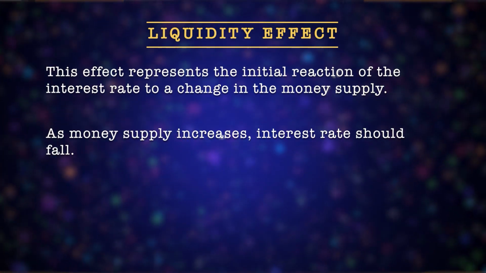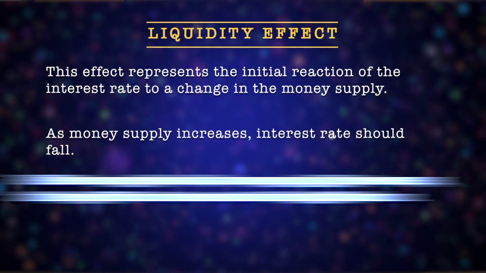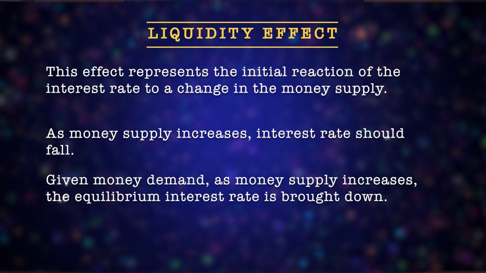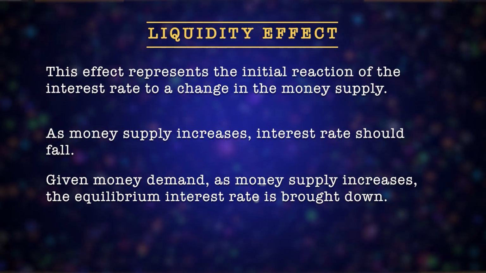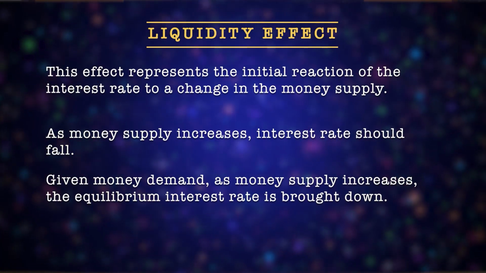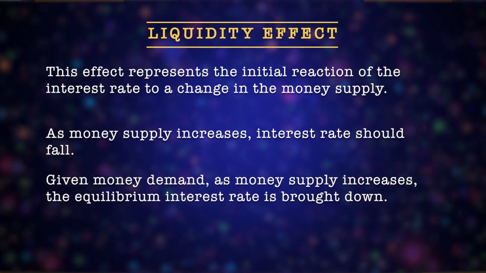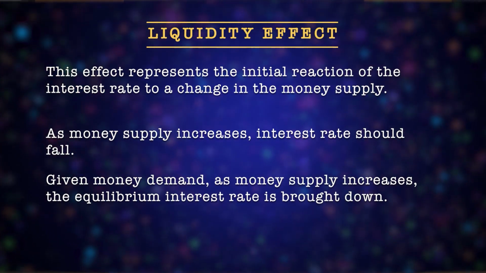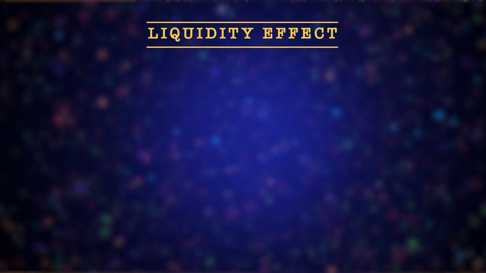So as the money supply increases, the interest rate should fall. Now the money demand is given, and as the money supply increases, the money demand function is constant. As the money supply increases, it shifts to the right. So the equilibrium interest rate, the intersection of the money demand and the money supply, is automatically brought down. How can we intuitively analyze this?